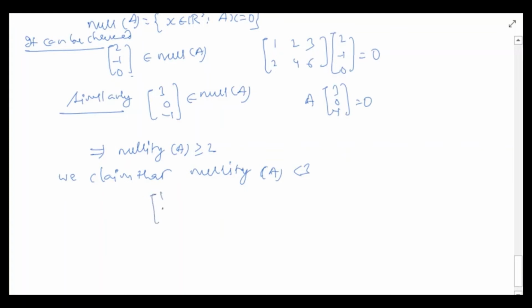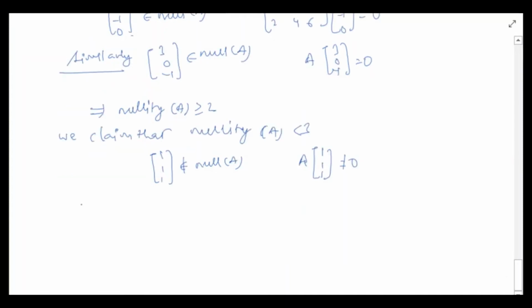Because (1, 1, 1) is not in the null space of A. It can be easily checked that A times (1, 1, 1) is not equal to 0. This says that the nullity of A is indeed just 2. And now if we see both rank and nullity, the rank plus nullity of A equals 3, which is the number of columns in A.